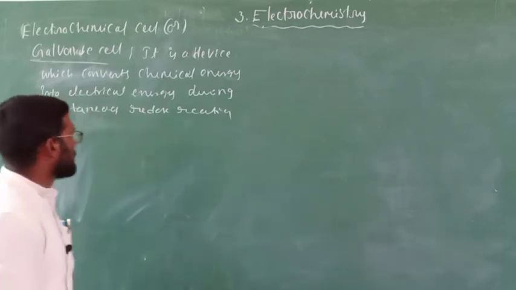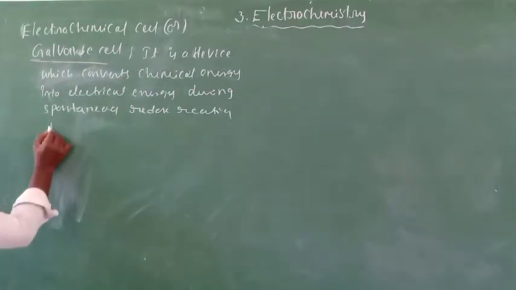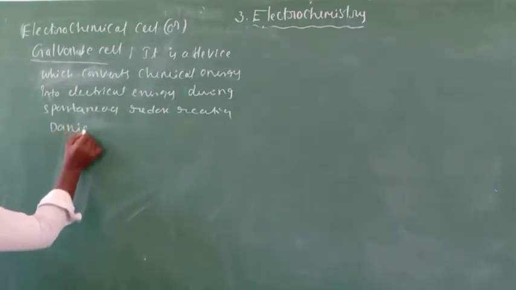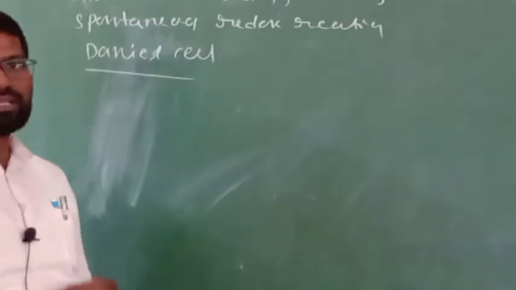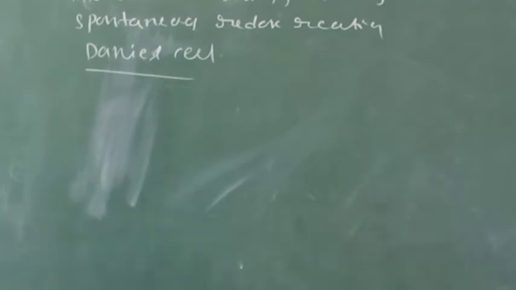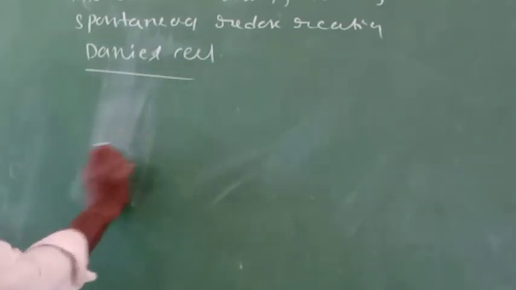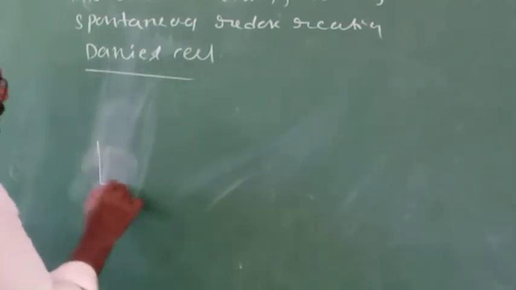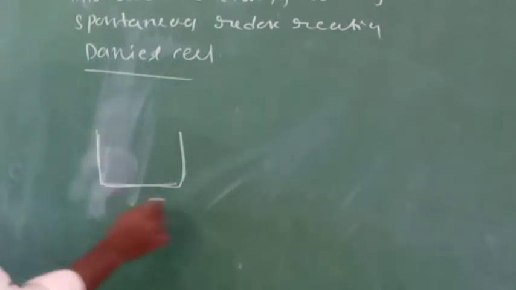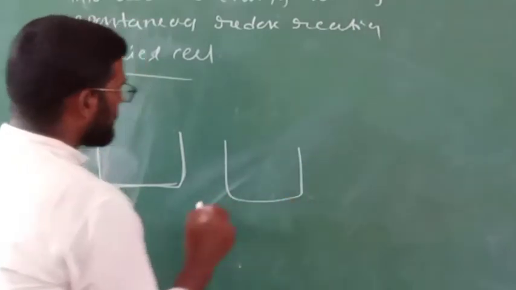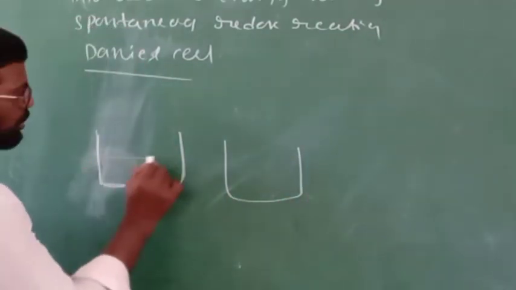So the best example for galvanic cells is the Daniell cell. Let us discuss the construction and working of the Daniell cell. Here the Daniell cell or galvanic cell consists of two compartments. The first compartment is also called a half cell.